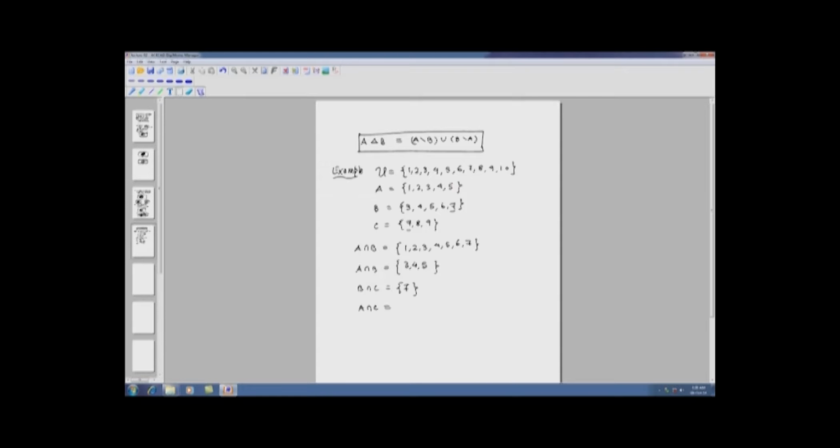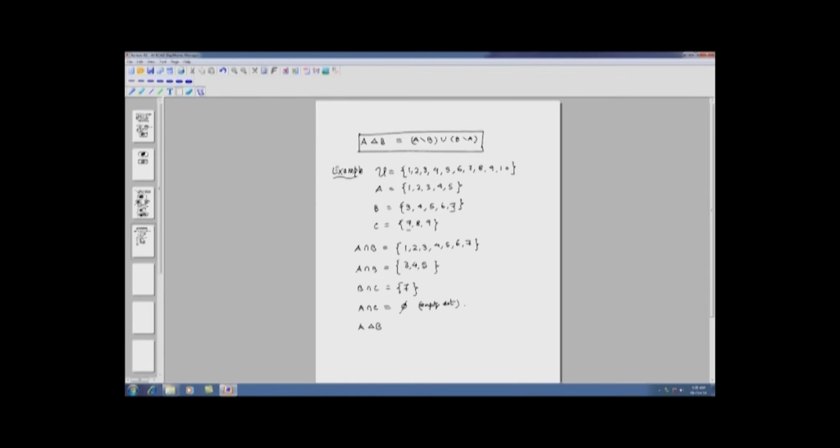Therefore, A intersection C does not have any element. So, it is the empty set phi. We have defined empty set in the last lecture, and here we see an example of the empty set.